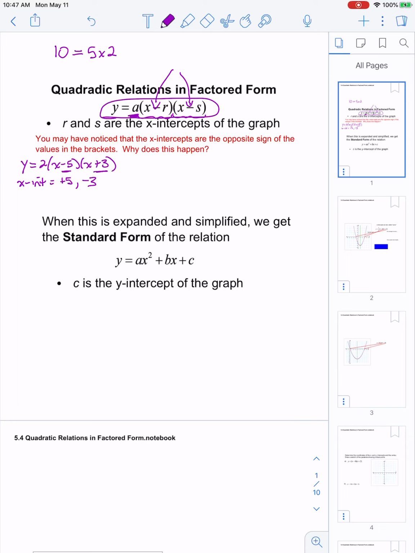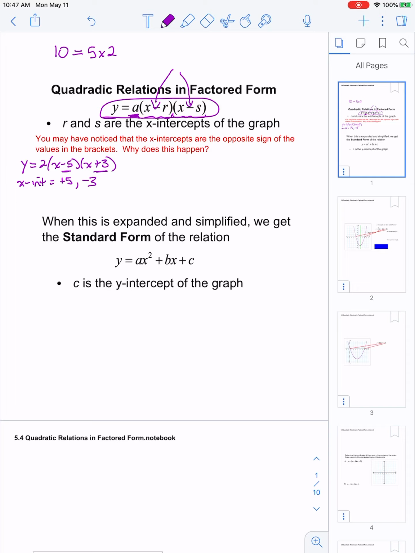You'll learn in grade 11 and grade 12 that when you try to find the x-intercepts, you always want y to equal 0, and then you have to figure out a way to solve the problem. Linear is easy: you let y equal 0 and then simply solve for x. Quadratics and other relations aren't so easy, so we have to come up with other ways.